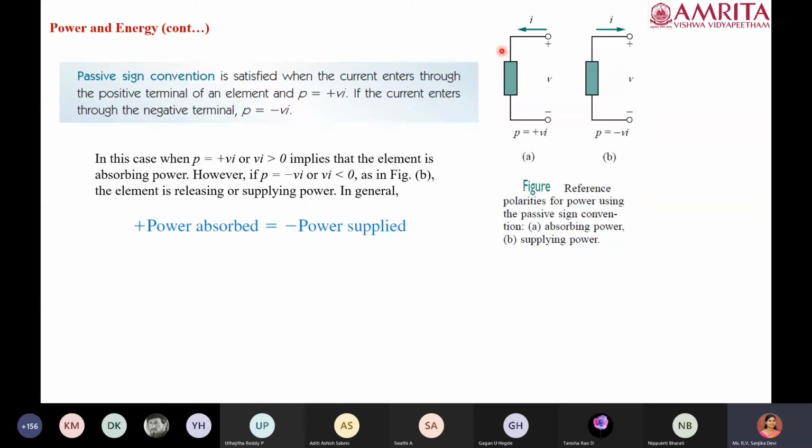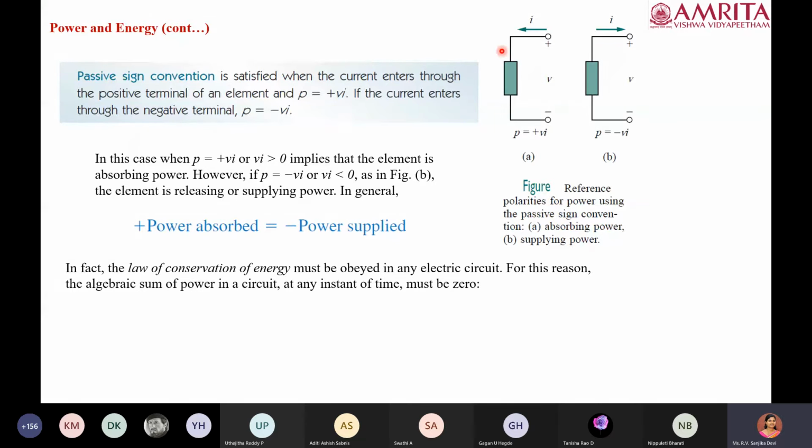And for any closed circuit, the power absorbed will be equal to the minus of power supplied. Or otherwise, we can say that as per the law of conservation of energy, the total power, or the algebraic sum of power in a circuit at any instant of time, will be 0. So in any circuit, if you sum up the powers of all the elements, the total power will be equal to 0. Or the power supplied will be equal to the power absorbed by the remaining elements.